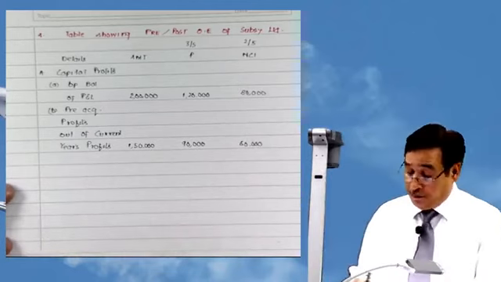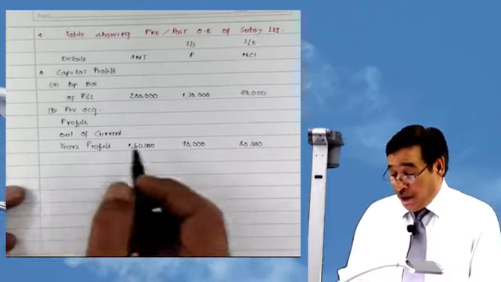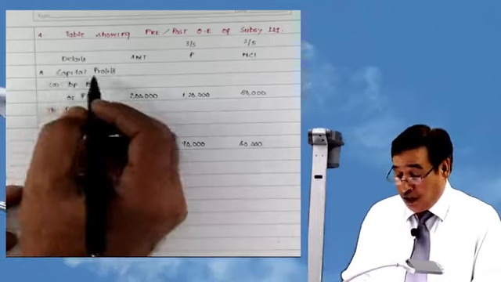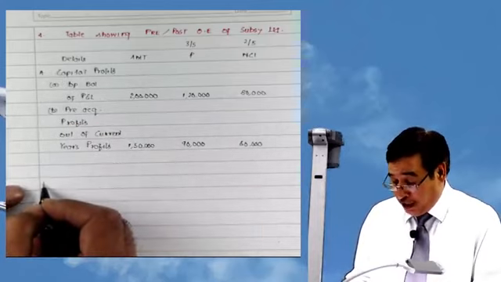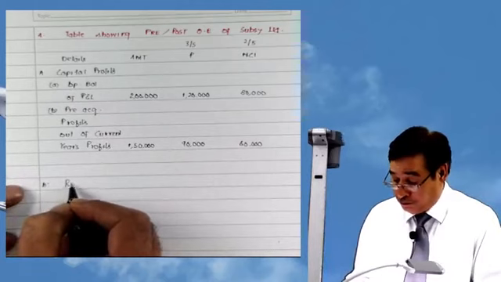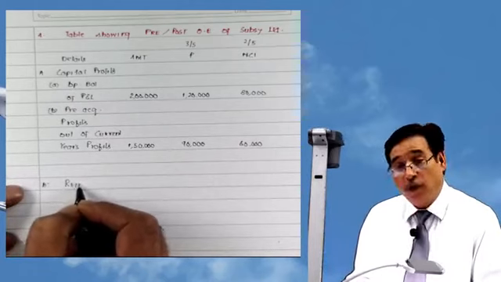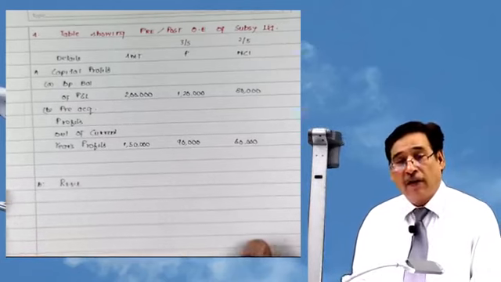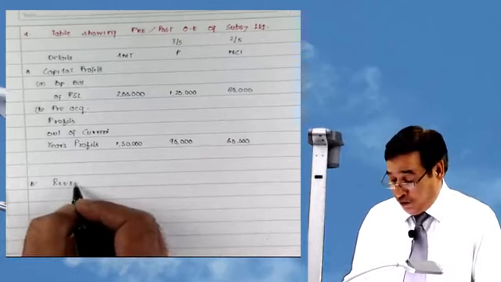Correct? Then you have written A, capital profits. Then you write B, revenue profits. Revenue profits. Correct?